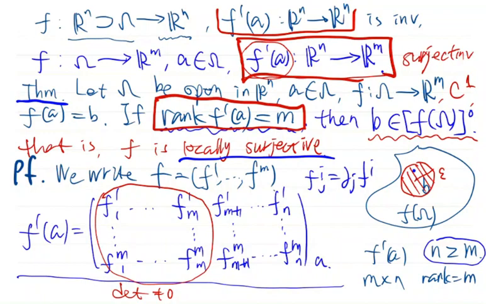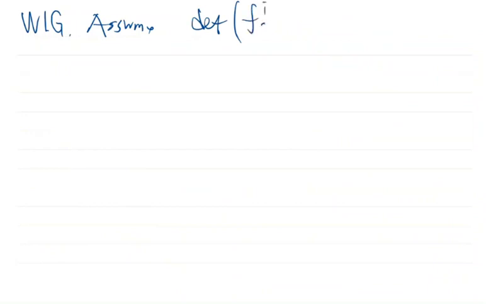So we assume the determinant of Fij, with i, j from 1 to m, is not zero. This is an m by m matrix, and the m by m determinant is not zero.